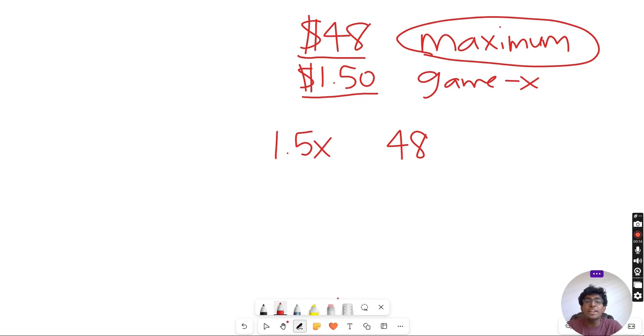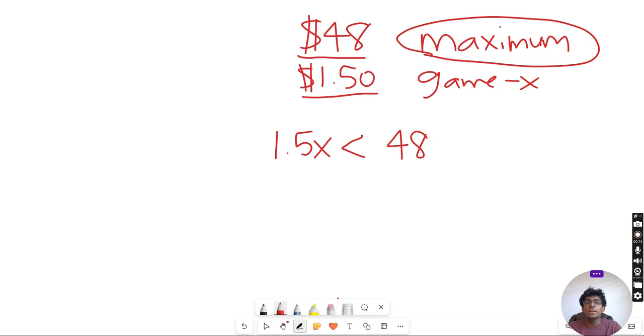What is the maximum number of games that you can play? In other words, you cannot have a decimal or a fraction number of games because it's maximum. You can only play a whole game. So this is where your inequality symbols come into play. We have a maximum of $48. We cannot go over the $48, right? So that means our inequality sign is going to be towards the 48 because we can't go over 48.